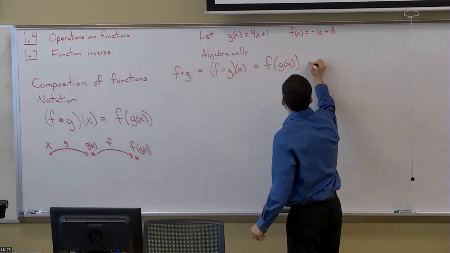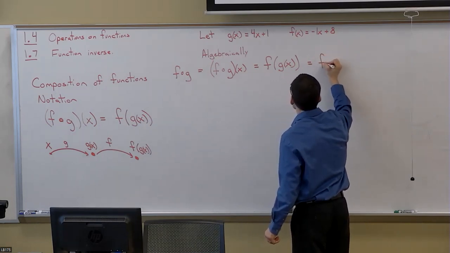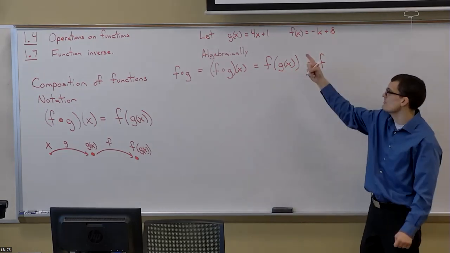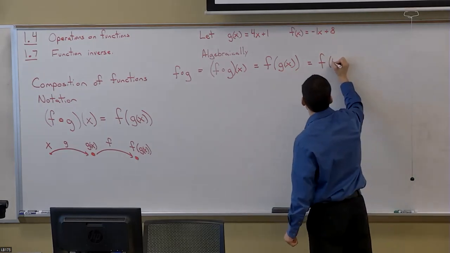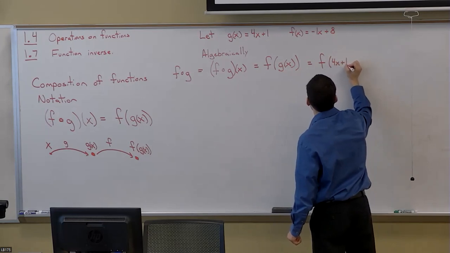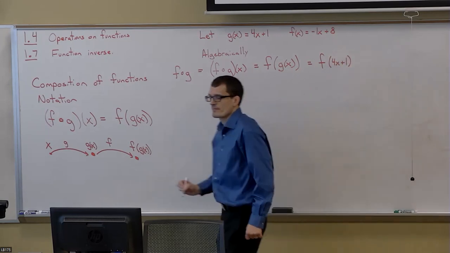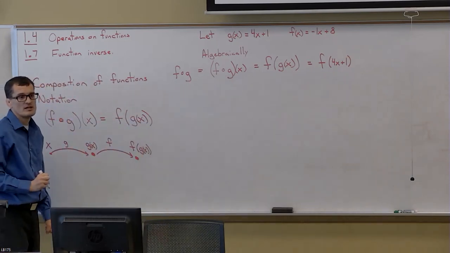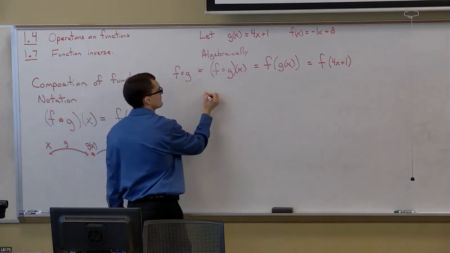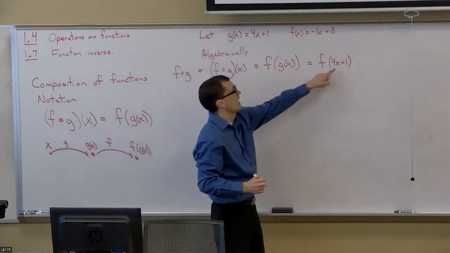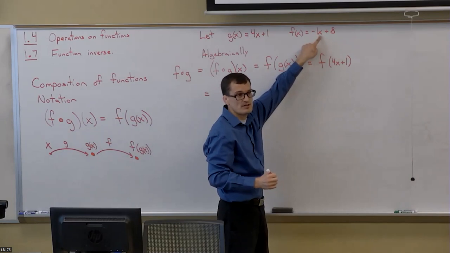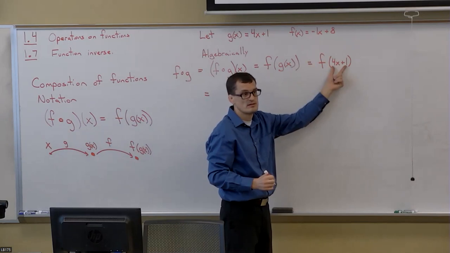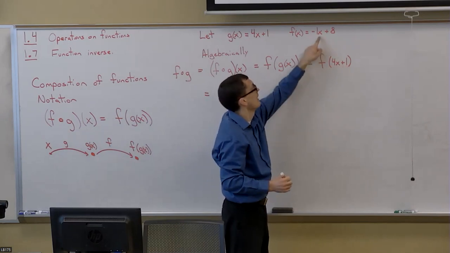So what you would do is you would take your function g of x, which is the expression 4x plus 1, and plug it in for f. So every time we see an x here, we replace it with 4x plus 1. Can we do that again?